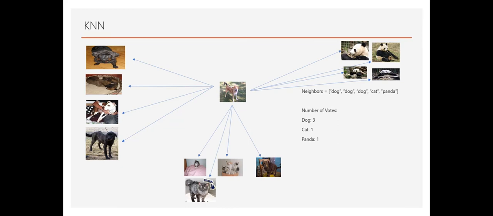Of the 5 close neighbors, I have 3 designated as dog, 1 cat, and 1 panda. Then I compute the number of votes: dog is 3, cat is 1, and panda is 1. Since dog is 3, the majority of my neighbors are dog, so the KNN algorithm declares that the image is also a dog. That's how the nearest neighbor algorithm works, and we will also walk through a code to understand this in more detail.